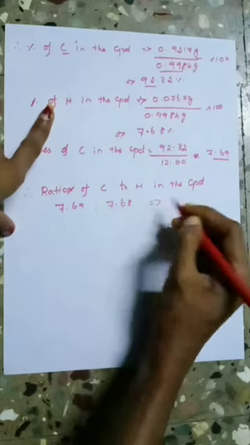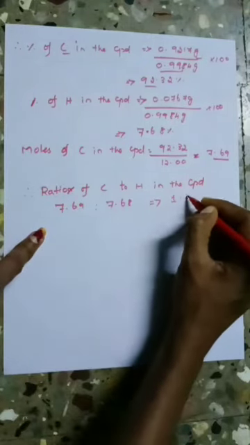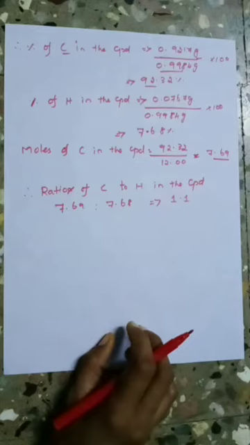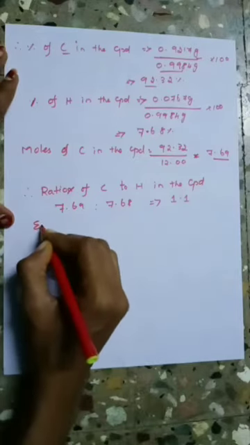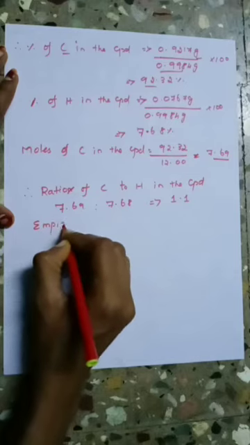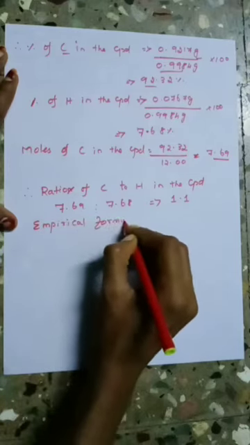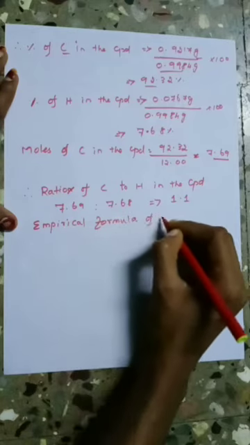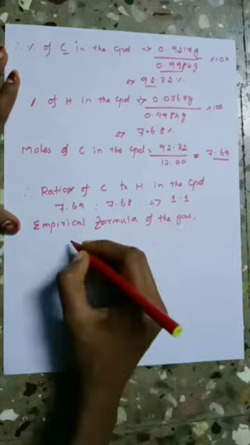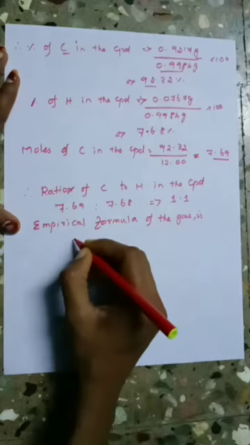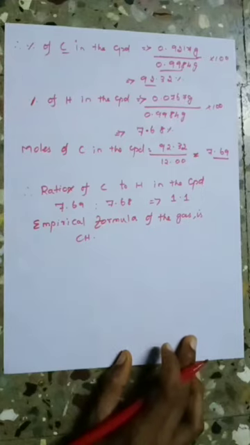It is almost equal, so the ratio is 1:1. So the empirical formula of the gas is CH.